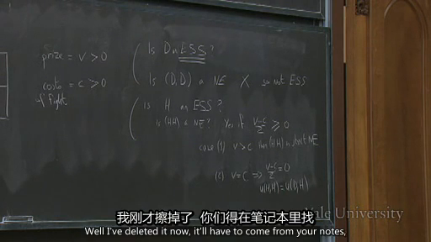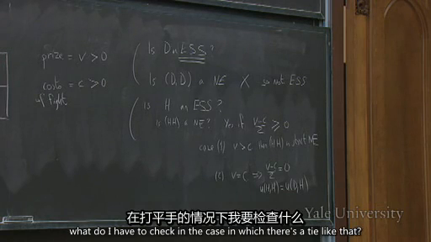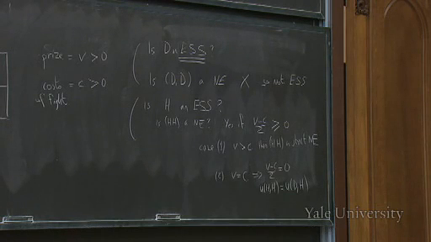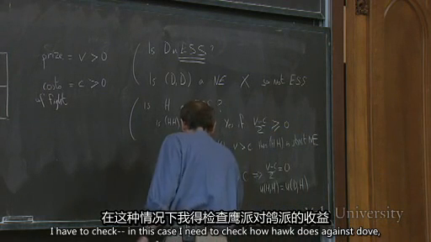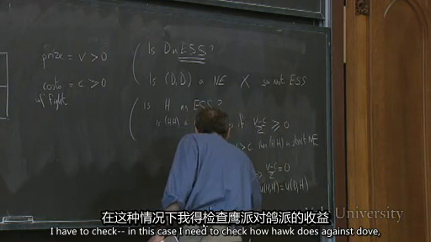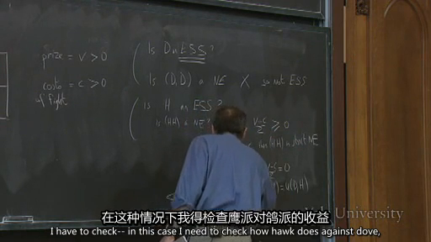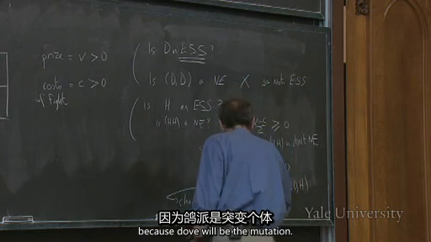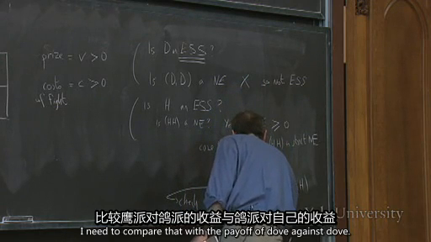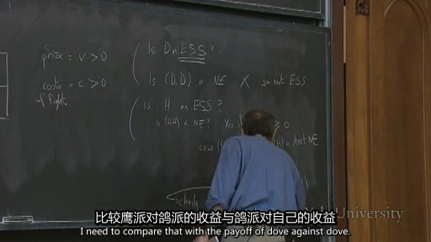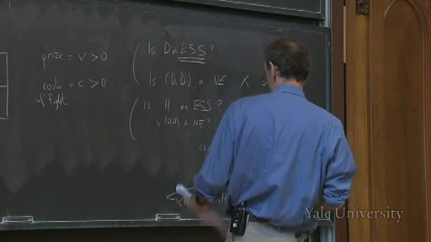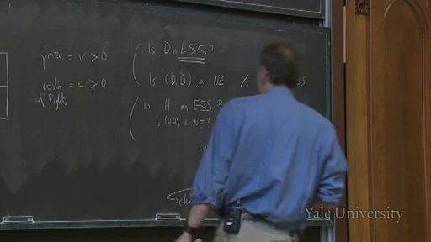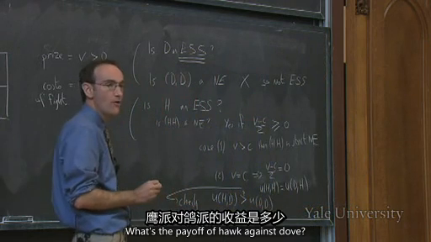Oh, I've deleted it now. You have to come from your notes. What do I have to check in the case in which there's a tie like that? I need to check how hawk does against dove, because dove will be the mutation. I need to compare that with the payoff of dove against dove. All right? Okay, so how does hawk do against dove? What's the payoff of hawk against dove?